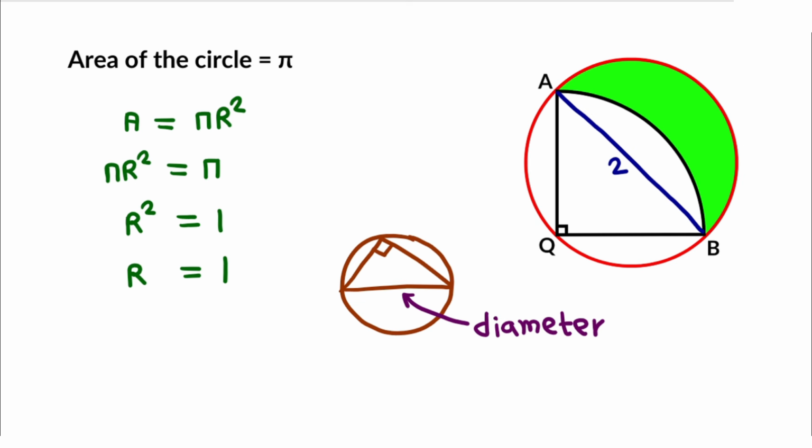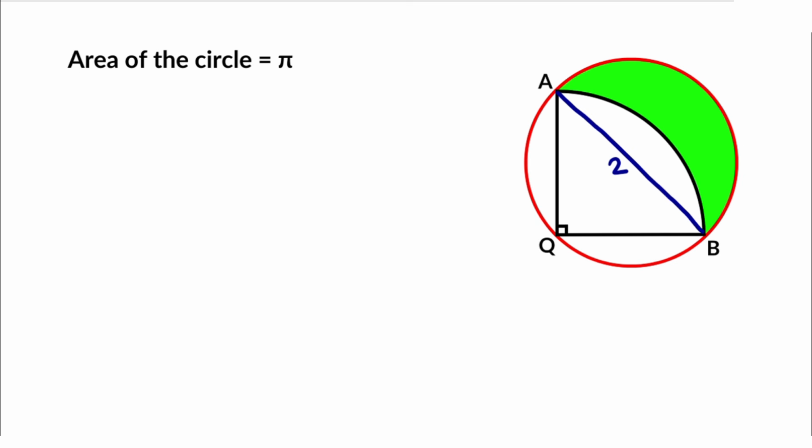Now, let's find the radius of the smaller quarter circle. Look at triangle AQB. It's a right triangle. Its hypotenuse, AB, is 2, and the other two sides, AQ and BQ, are equal because they're both radii of the quarter circle. Let's call that radius lowercase r.